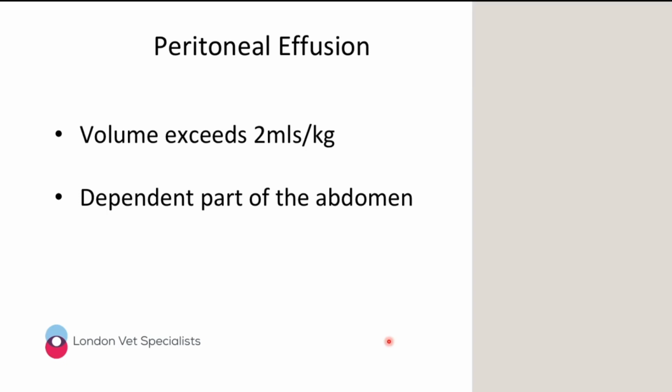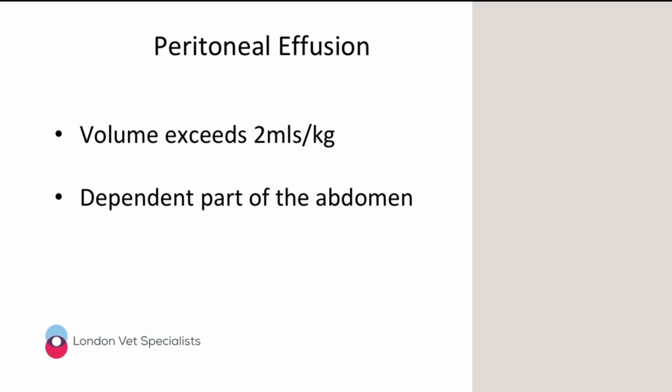Now, that's based on a paper that was published in Veterinary Radiology and Ultrasound way back in 1989. And I think we're probably a little bit more sensitive at picking up fluid these days. But as a general rule, I think 2 mils per kilogram is a reasonable amount of fluid to expect to find before it becomes detectable.